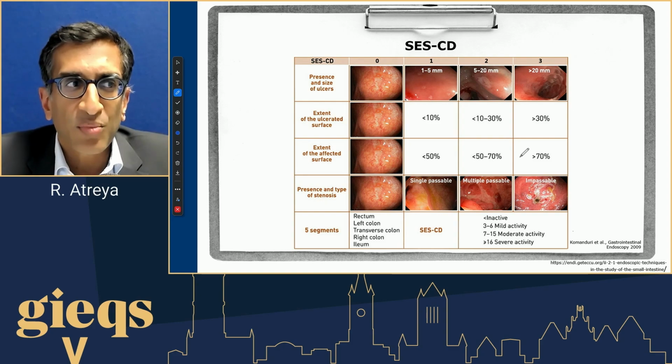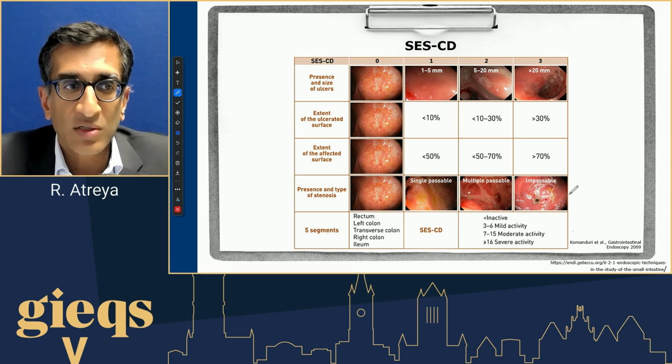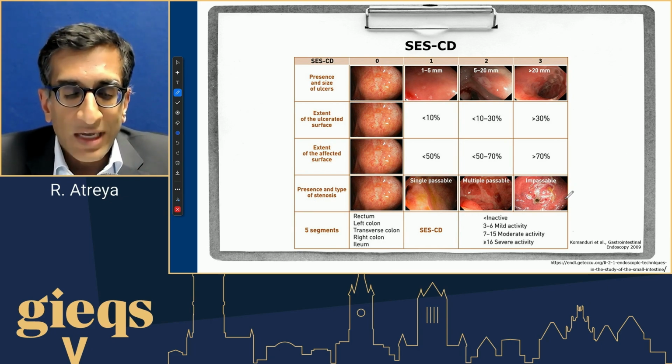Then the presence and type of stenosis: passable, 1 point, multiple passable, 2 points, impassable, 3 points. That's it. You do this for these 5 segments, you calculate the score, and then you have an objective parameter, especially prior to the initiation of therapy and during therapy, to assess a treatment response.